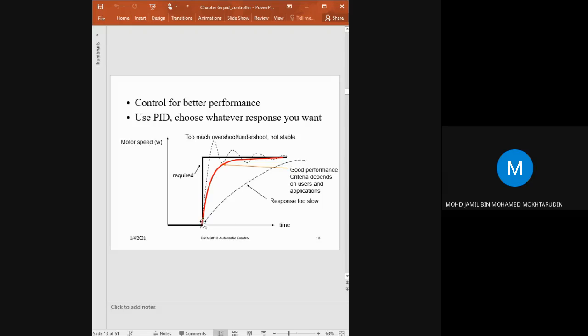And you also don't want this dotted line on the bottom here, because the response is too slow, meaning that it takes so long time to reach the target value. Okay, so we don't want both. So the red line here is what we call sufficient. Okay, just enough.